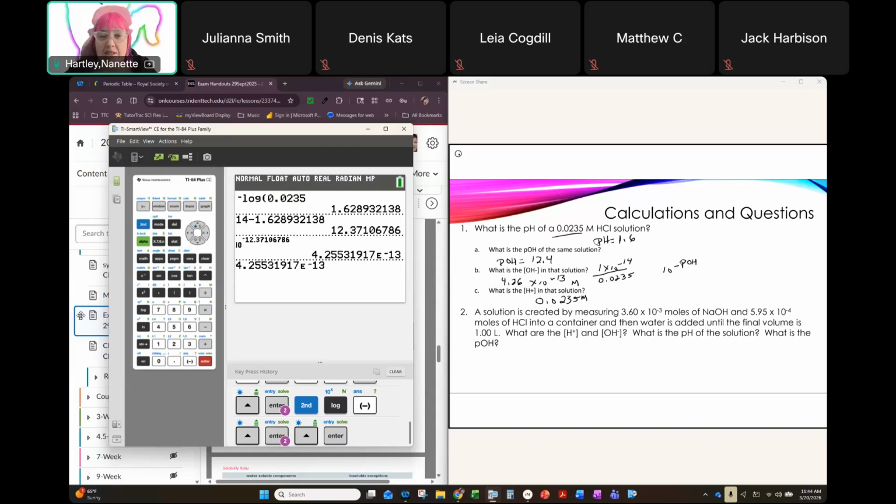So the first question I would have to ask myself is, how do I attack this? Do I just take the number of moles of NaOH, divide that by the volume to get the molarity, and then take the negative log of that to get the H plus and the OH minus? I mean, that's a strategy, but does that strategy make sense to you?